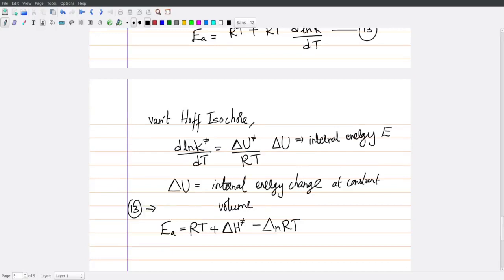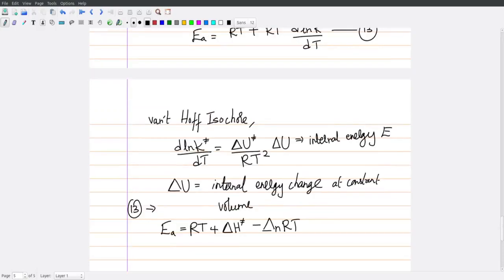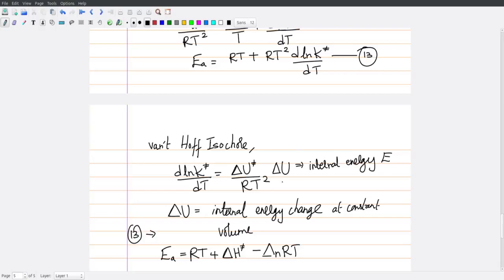So where, okay, so this is your RT square, right. Let's say this is 14. If you compare 14 and 13, we are replacing this value with this value.